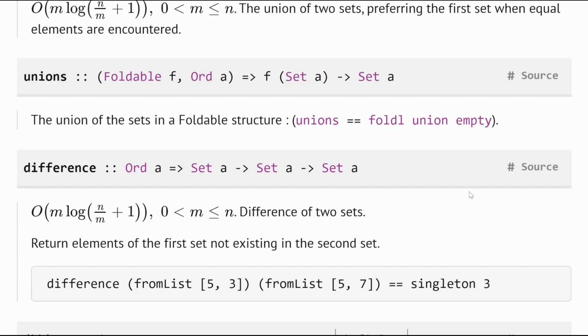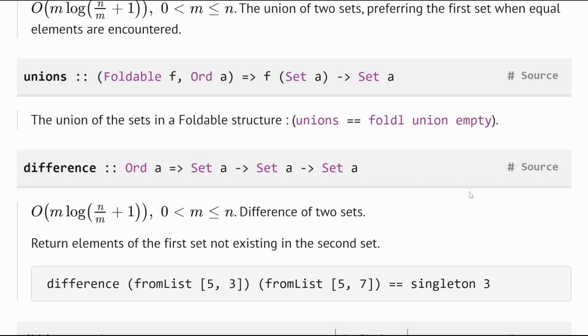N divided by, okay, so we'll assume that n is much larger than m, in which case it's basically m log n. It's doing a linear operation on the smaller set and a logarithmic operation on the larger set. So it shouldn't be too bad when you have like 4 items.